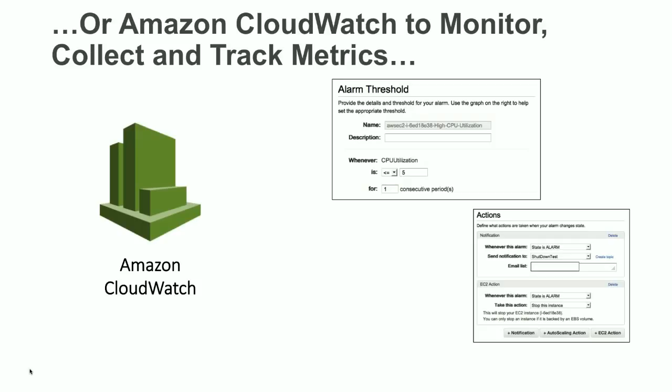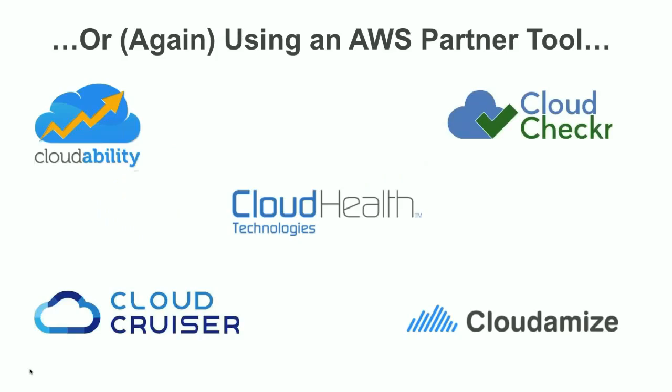For example, if CloudWatch is reporting that there are no active network connections to your EC2 instance, and it might be something like a web server, that's an indication that the web server is underutilized. So we can easily spin down or terminate that instance using a CloudWatch alarm and a CloudWatch notification. And once again, there is that option to also integrate into the AWS partner ecosystem.